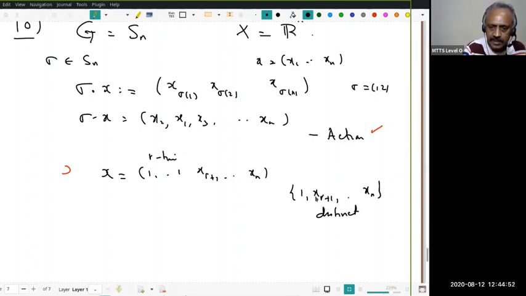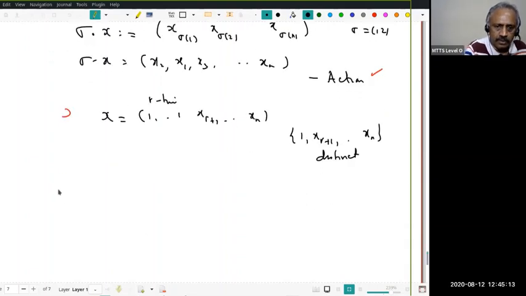Therefore, there are n minus r plus 1 distinct values. You understand this? The first r repeat. I could simply say some r coordinates are fixed, but it's better to stick to the simpler example so that we understand what is happening. Now I want to know the stabilizer of x with respect to the group. When does sigma dot x equal x?